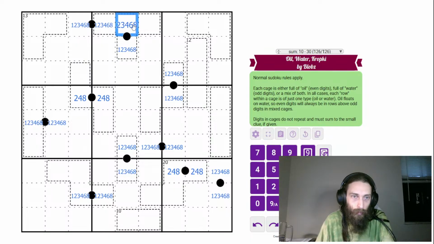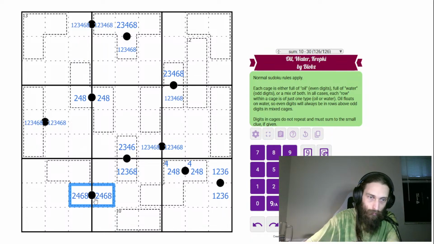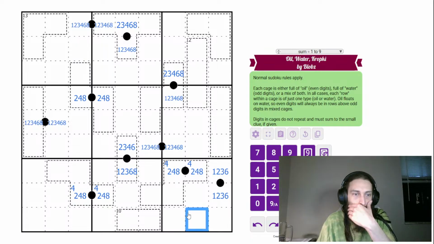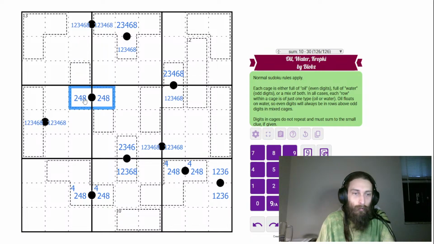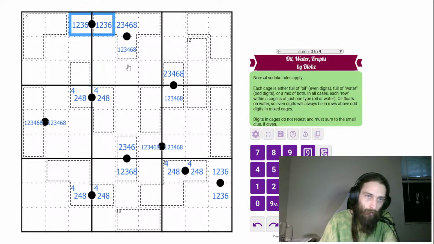So the top couldn't be a 1. That one can't be 1. No, because 1, 2 doesn't work. Okay. Well, one of those has to be 4 along with that, so 4 and 8 aren't allowed.